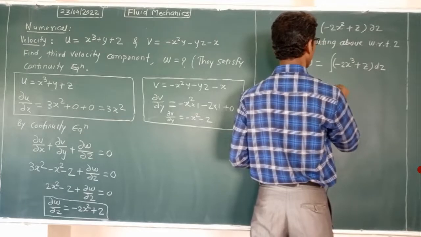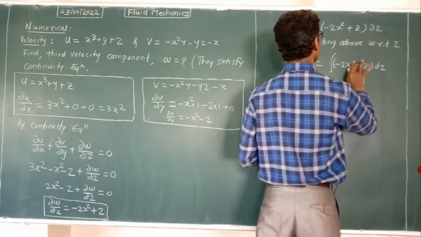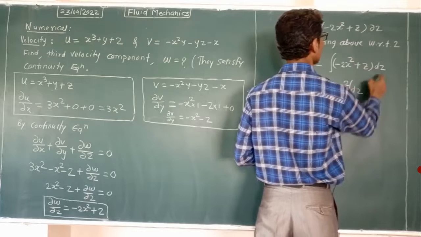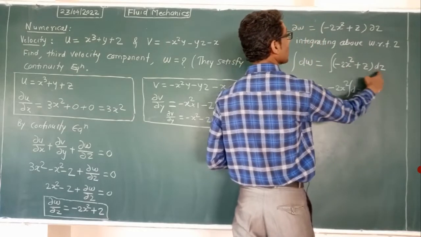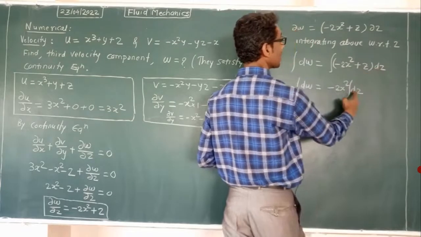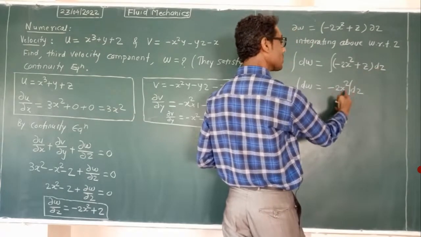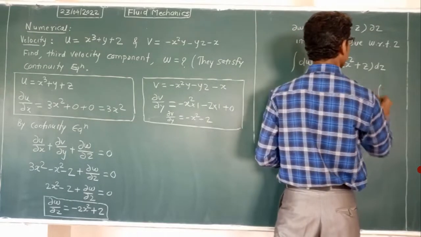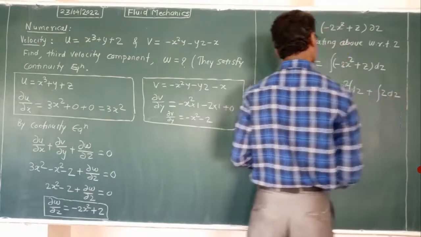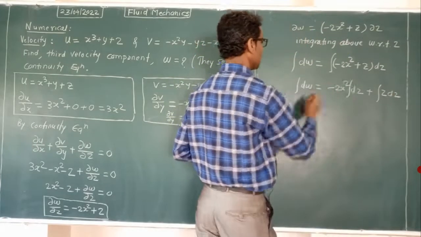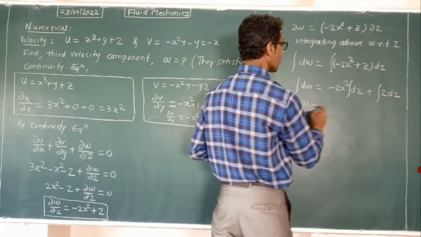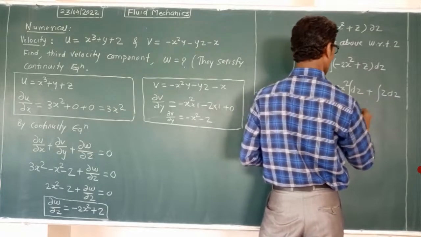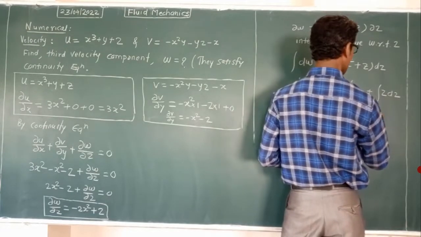First term, minus 2x square is a constant, take it outside the integration sign, integration of dz is z, plus integration of z dz, which is z square by 2.